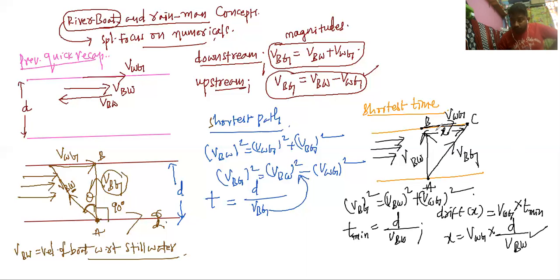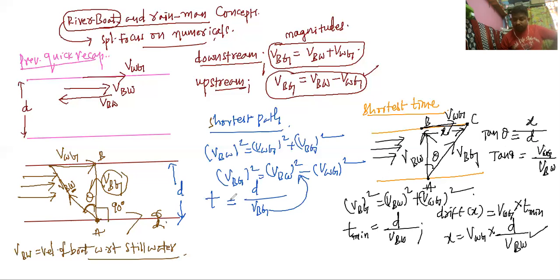And here also, by the time it reached the final point C with the drift x, the angle theta will be here. This theta you can also find. For example, tan theta is opposite side, that is x, by adjacent side, that is d. So the same tan theta can also be written as opposite side velocity V_WG by adjacent side velocity V_BW.